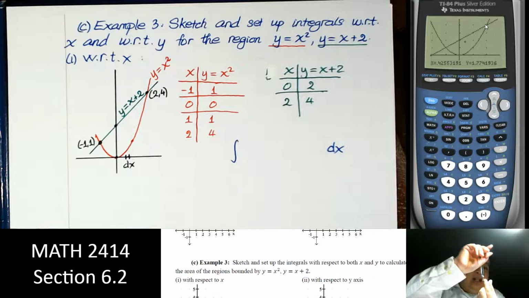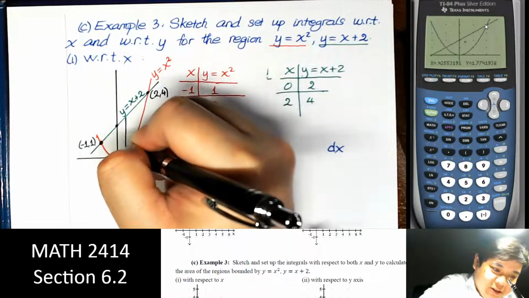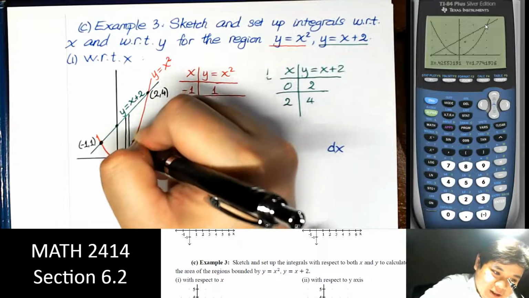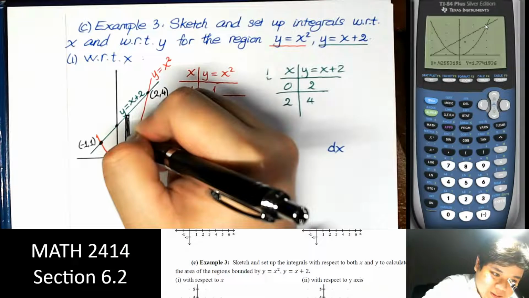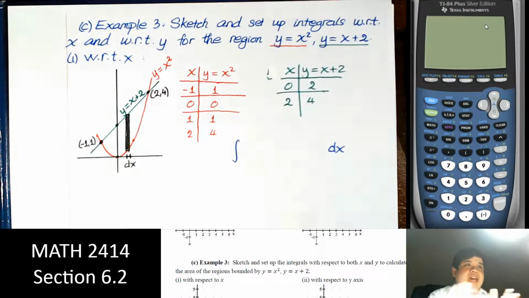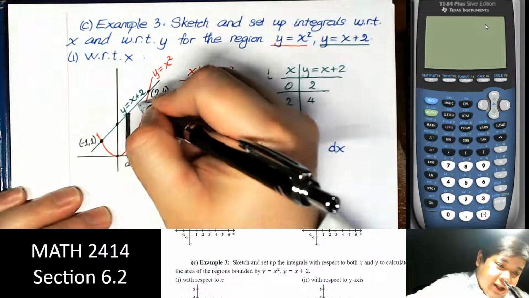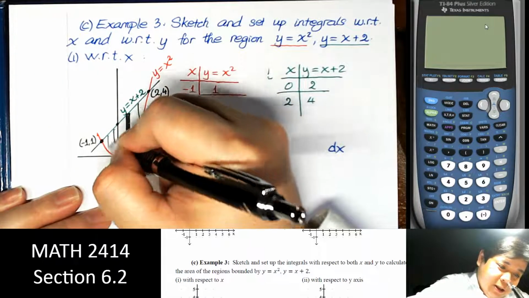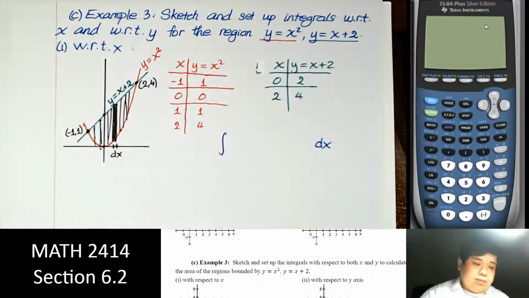We're going to need the height, so we have the rectangle, right? And adding all of these rectangles, we get the area of the whole region. So we talk about that one.